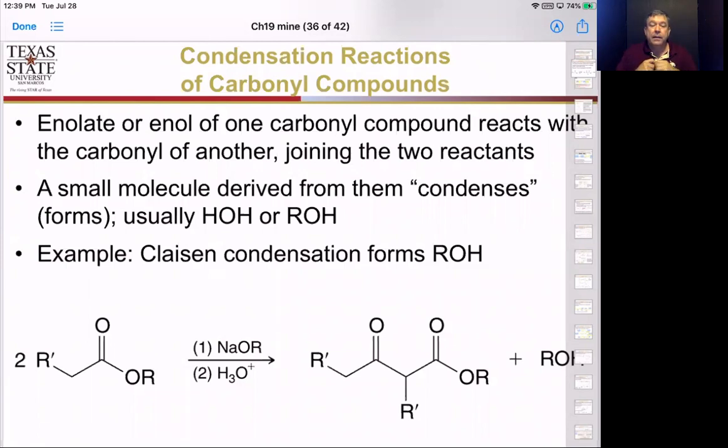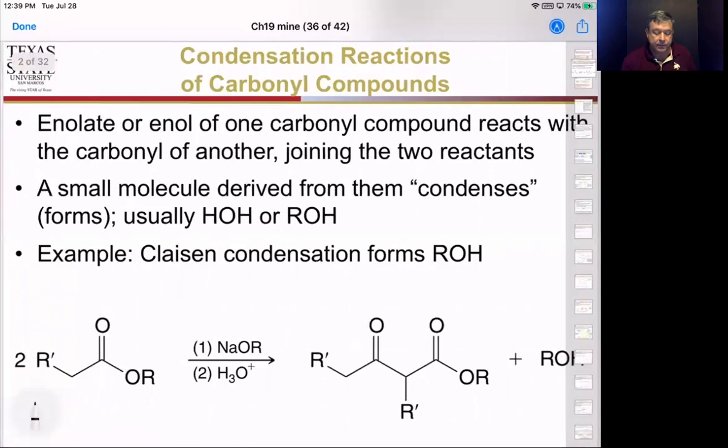So in the case of this example here, we call this the Claisen condensation. A Claisen condensation uses esters, okay? So if you start with an ester and add some base to it, that's called the Claisen condensation. And our first step, of course, is the deprotonation at that alpha position.